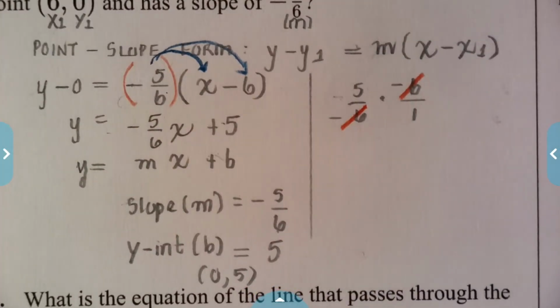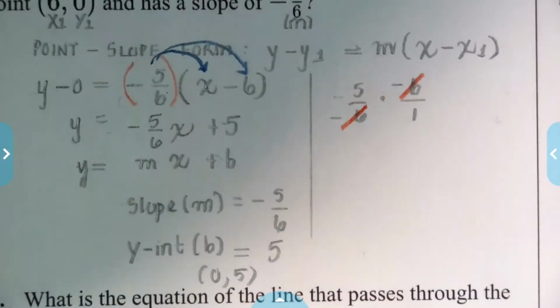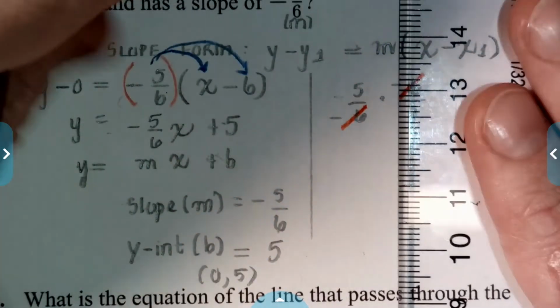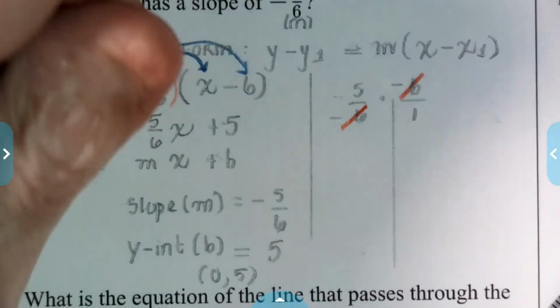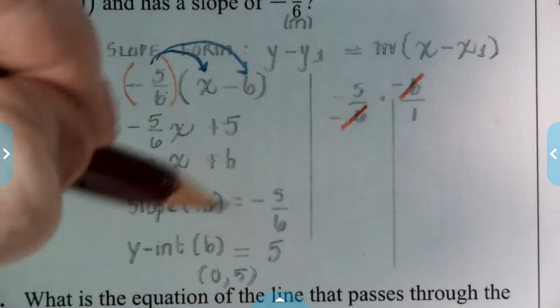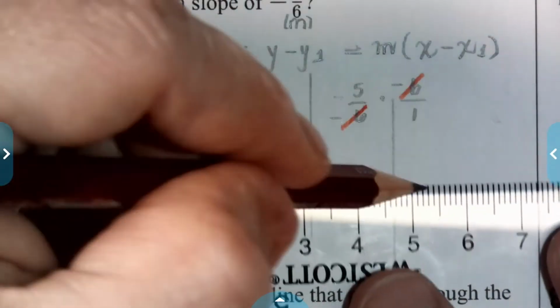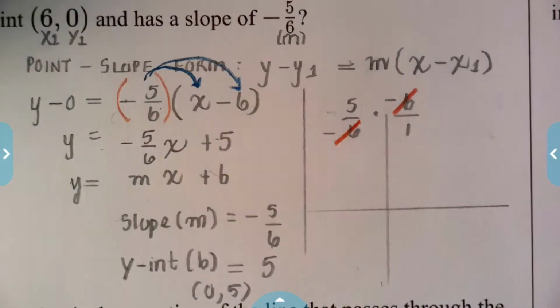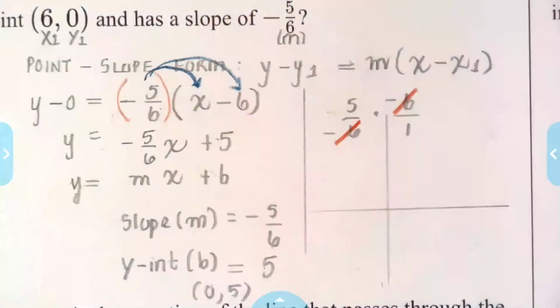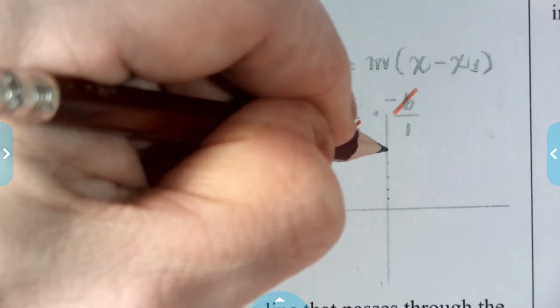Okay, so I like to draw a graph, a quick graph, not a fancy graph. So let's see, I'm going to need to start at 5 and then go down. Okay, so what I'll do is just say, I've got to start at 5. 1, 2, 3, 4, 5.